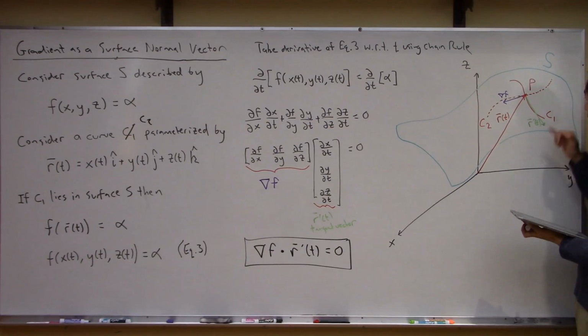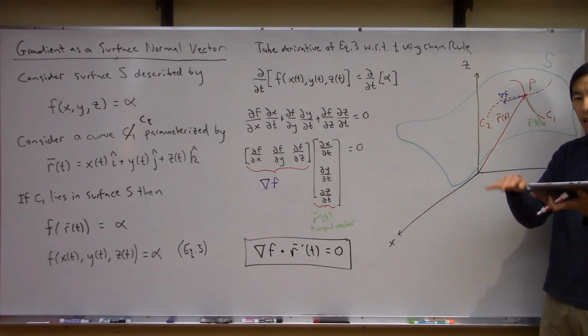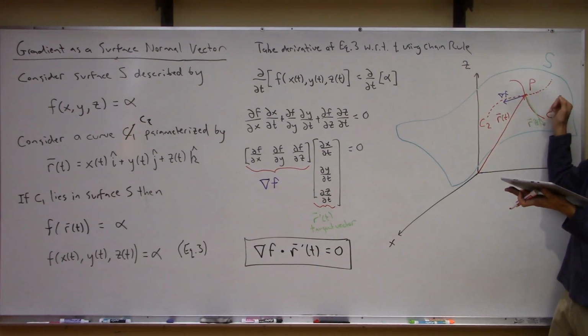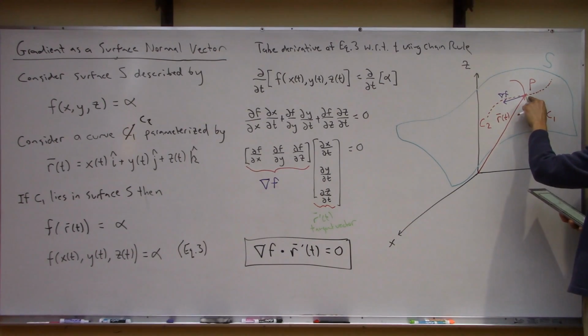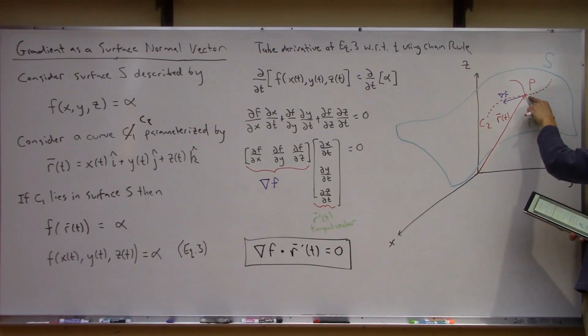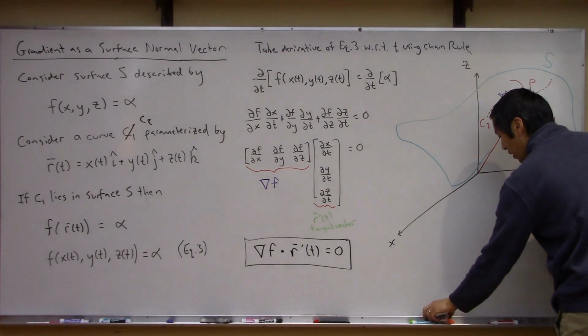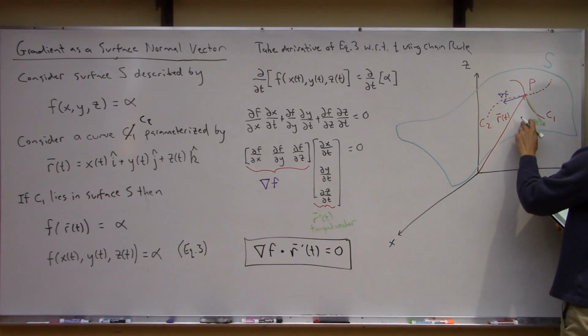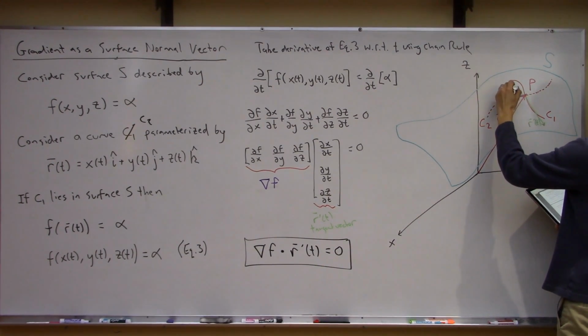Remember, C1 and C2 both lie on this surface S. Let's make this curve C2 also go through this exact same point P of interest. We come up with the exact same analysis: there's going to be a tangent at this point in another direction. So this is now going to be r prime of t.